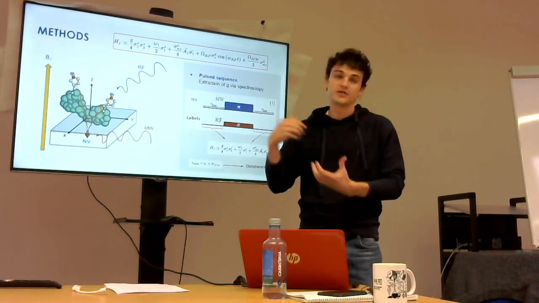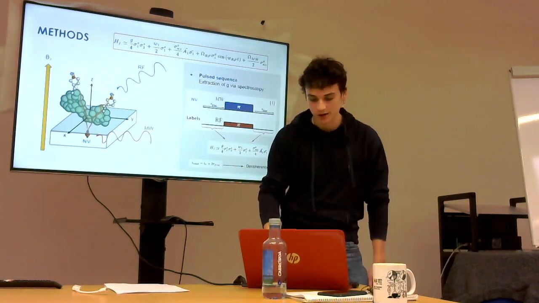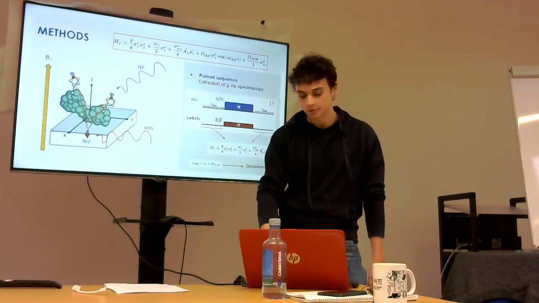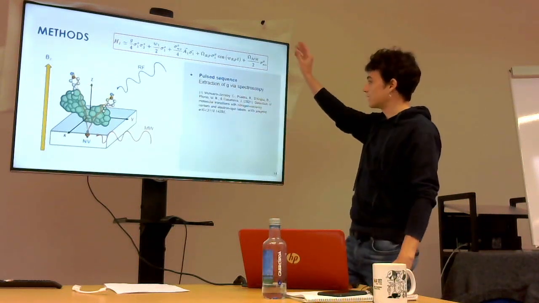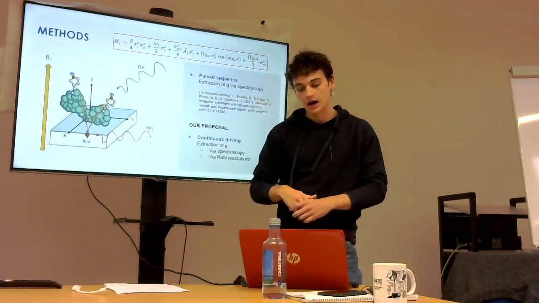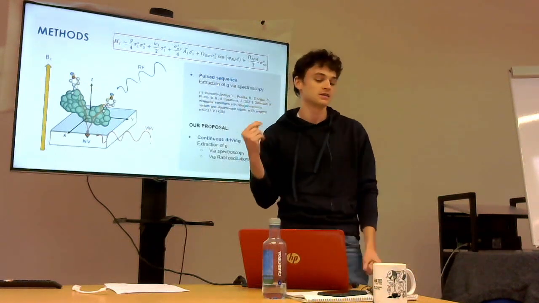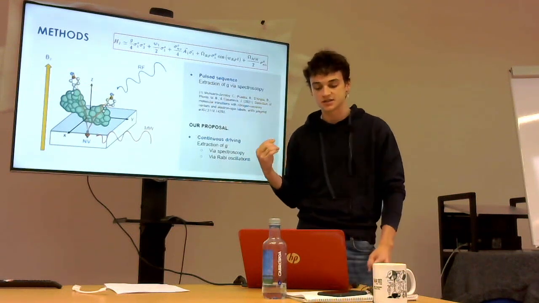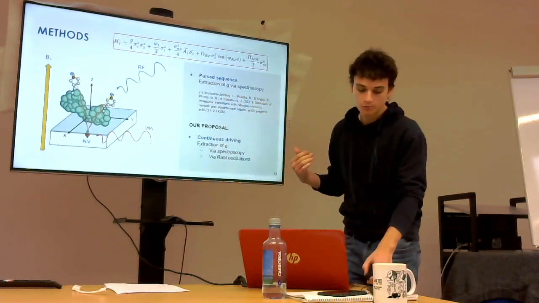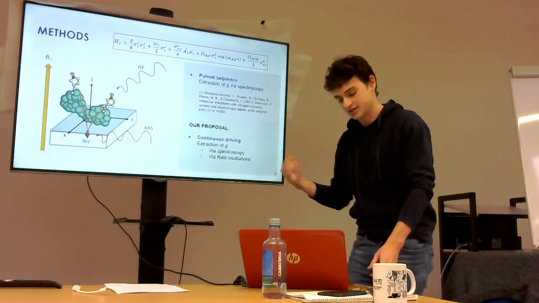Now, to avoid this kind of problem, there's another possibility, which is, instead of using a pulsed sequence, to use continuous driving, which means that we are going to be applying drivings to our system all the time, so that we will be accumulating phase all the time.